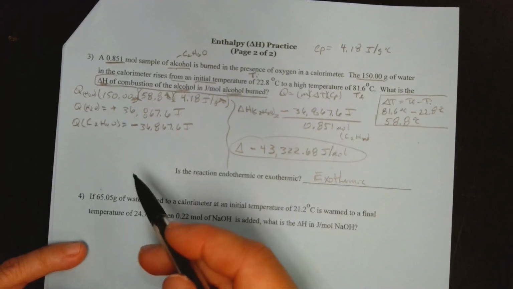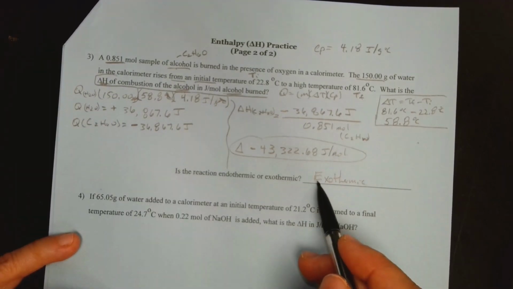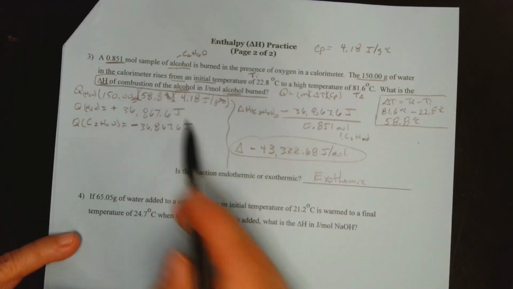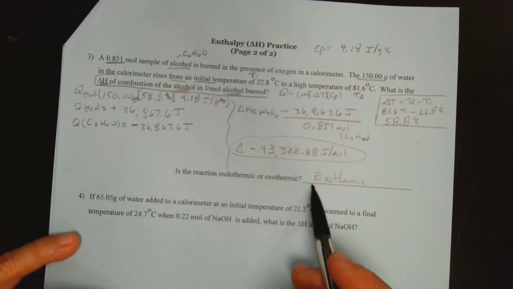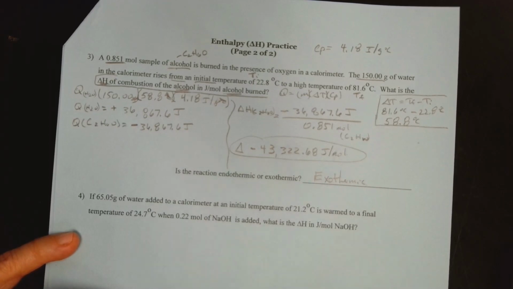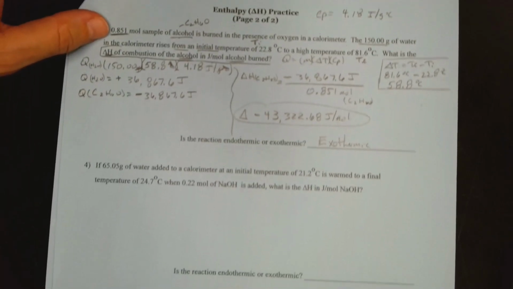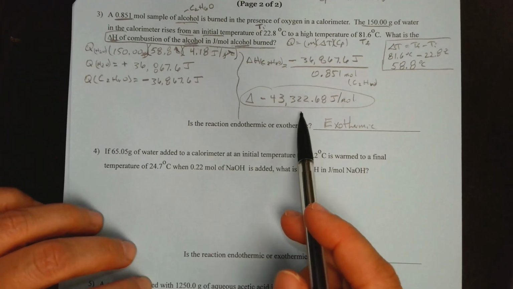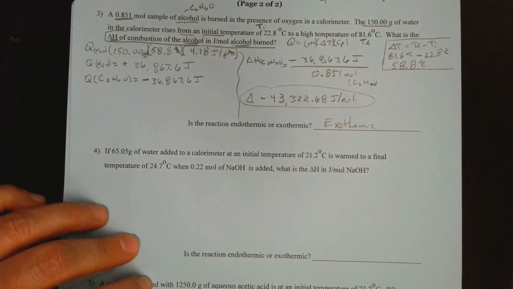Okay, so the water is absorbing the energy, and that's why that temperature is going up. It's the alcohol that's giving away energy, that exothermic reaction, to the water, and that's why the water is allowed to heat up. Okay? And like I said, if I did my numbers wrong, if I'm off, I'm not off by very much, so there you go.